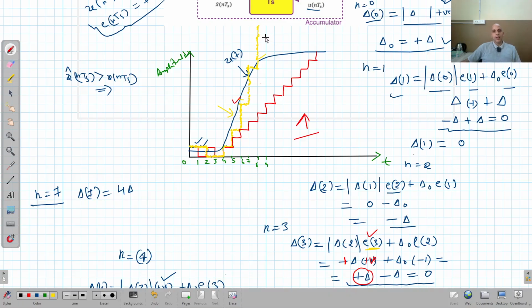But when you go to n is equal to 9, now the error becomes negative, right? So what will be the result? N is equal to 9 means we now come back. I am drawing it, you will come back down in this way, right? Then in this way you can proceed here.